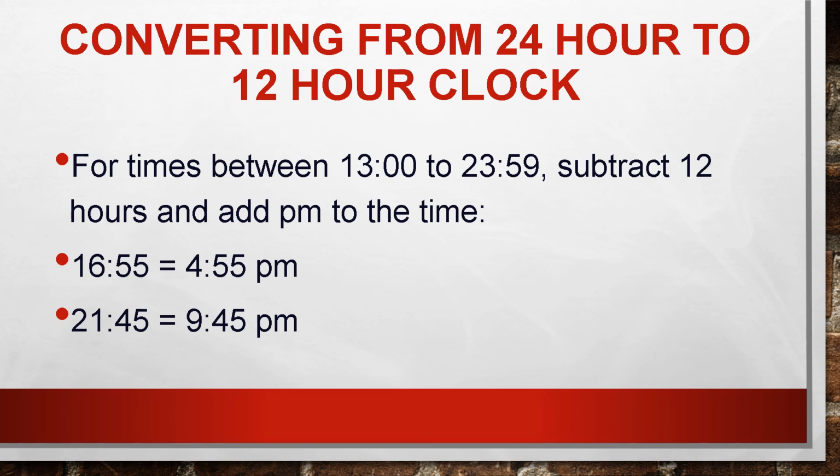The 55 minutes remain the same. From 16 you subtract 12, 16 minus 12 becomes 4. So 4:55 PM. Another example, 21 hours 45 minutes. When you subtract 12 from 21, you get 9:45, and you write PM there.